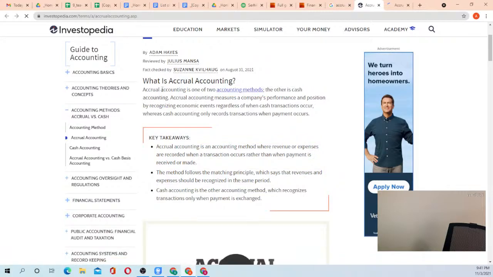The accrual method is a method of accounting which is different from the cash method. And the cash method might be intuitive because when you pay cash for something in your everyday life, you pay your expenses with cash.